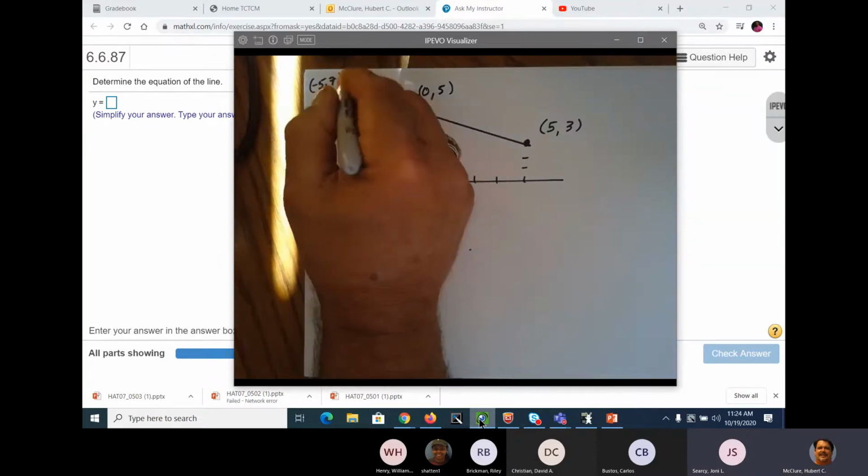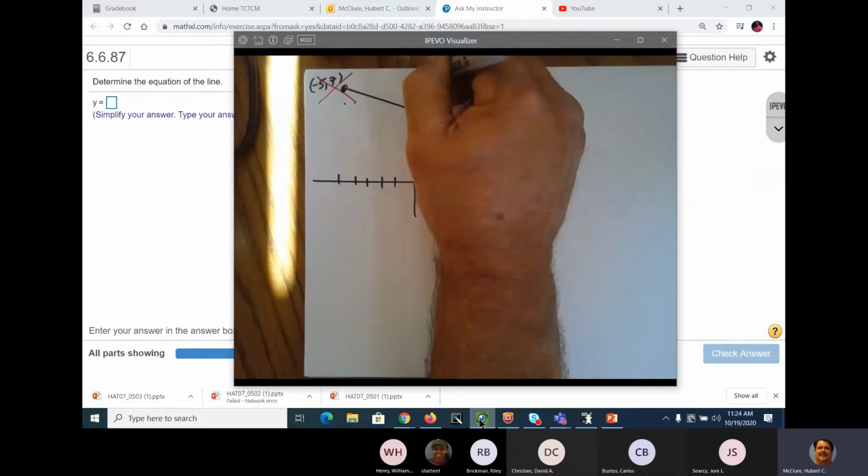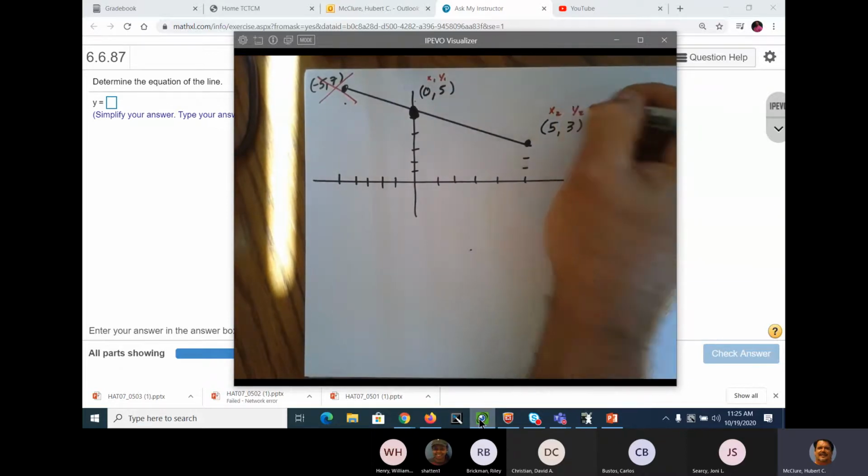I'm not going to use that. Can you? Yes, you can use it. But unless you like punishment, why would you want to fool with a negative? I would use these two. Which way do we read? Left to right. So this is x sub 1, y sub 1. This is x sub 2, y sub 2.